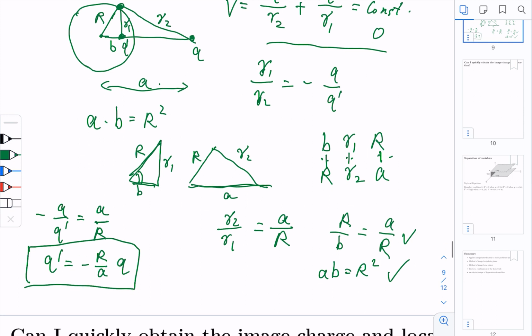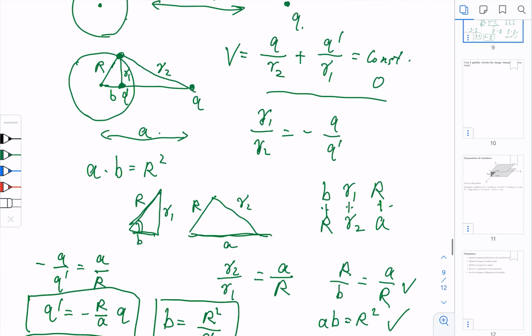This means that if we place the point image charge at a location of B equals R squared over A, and a negative charge, that is negative R over A Q, then this will make the potential on the surface at this radius R a constant, and this constant is actually 0.